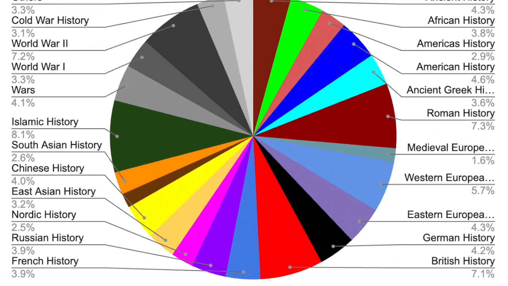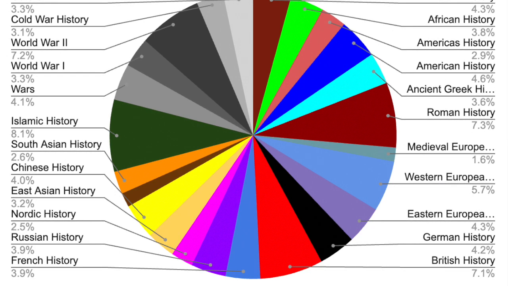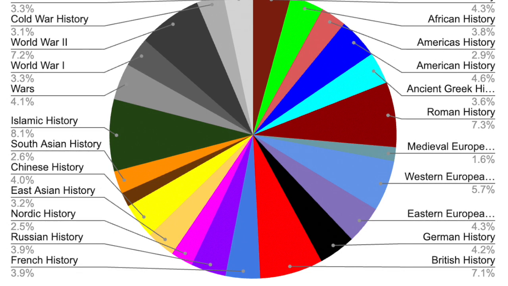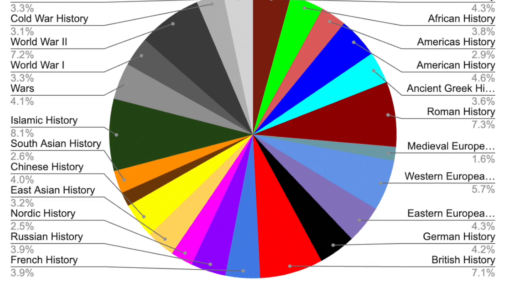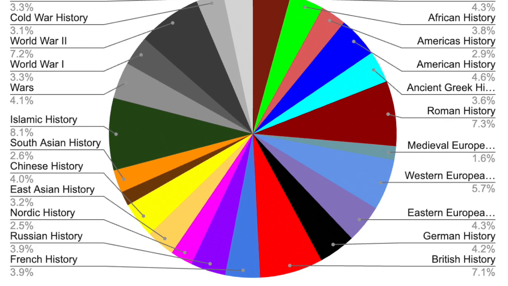Then we get to some of the big European countries that I'm sure we're not surprised take up large chunks of the pie. We get German history, which is 4.2%, British history, which is a massive 7.1%, French history, 3.9%. Russian history is the same, 3.9%. Nordic history, 2.5%. As you can imagine, a large part of that is Vikings, but there is also other stuff, especially the Swedish Empire.